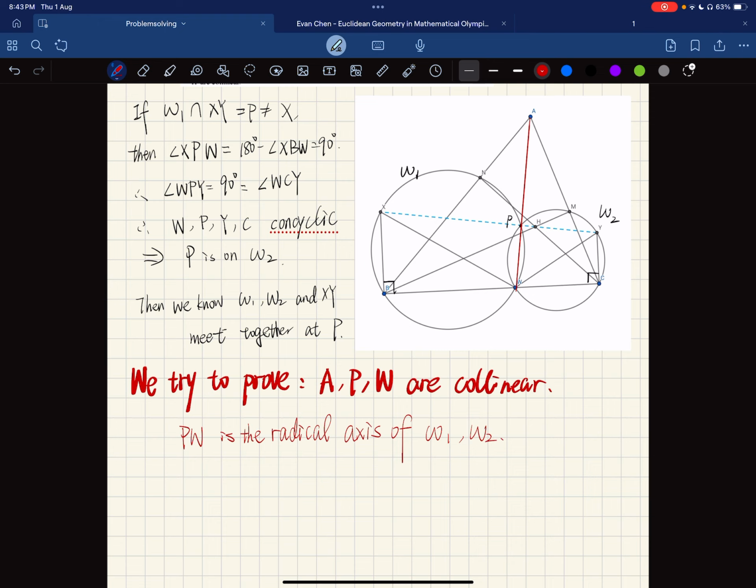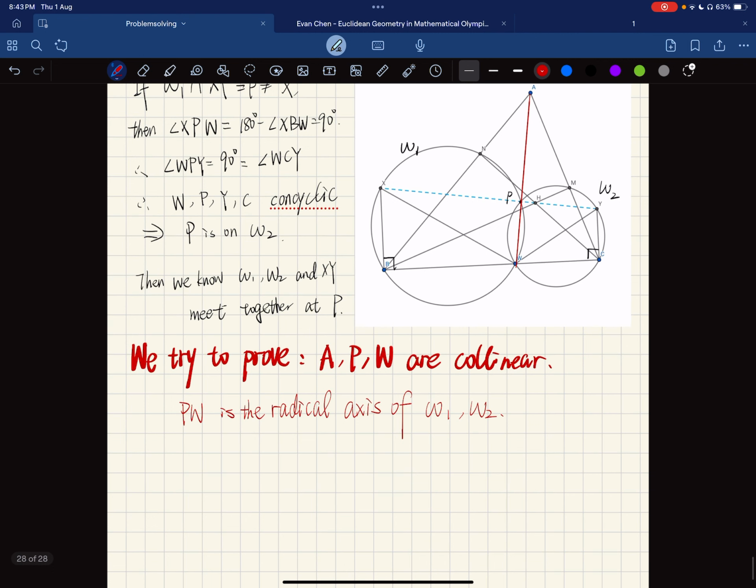Then we try to prove that A is also on the radical axis. That means the power of A to omega 1 equals the power of A to omega 2. Is that true? The power of point A to omega 1 equals AN times AB. And let me write it here. The power of A to omega 2 equals AM times AC.